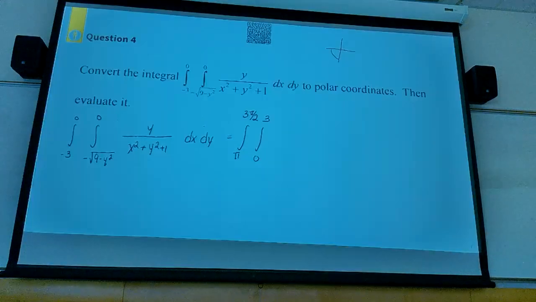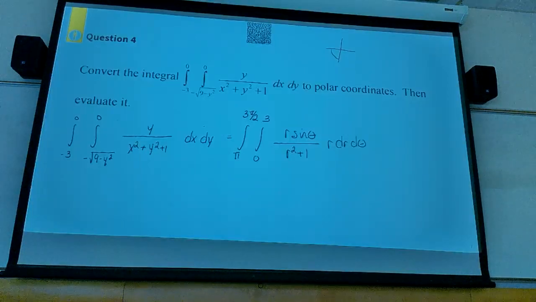So how would you write y in polar? R sine theta. What about x squared plus y squared plus 1? R squared plus 1. There's your integrand. Now what does your differential become? R dr d theta. There you go, there's your conversion.